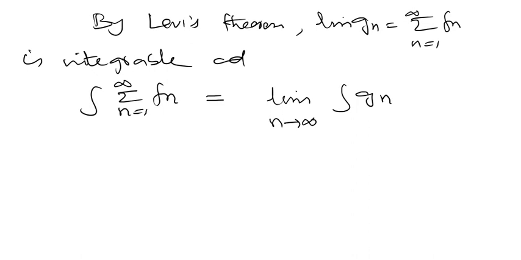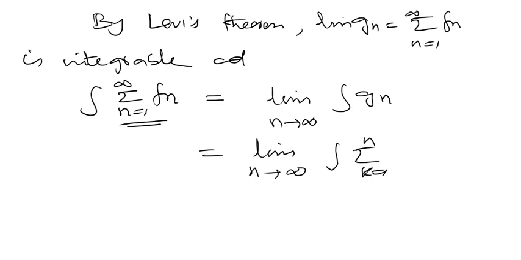Okay, integral of limit of gn is equal to limit of integral of gn, that's equal to limit n approaches infinity of the integral of gn, where gn is summation k runs from 1 to n of fk. Now you can take this sum outside, then apply the limit, and it is equal to summation n runs from 1 to infinity of the integral of fn. This is what you had to prove. So this proves the theorem completely.